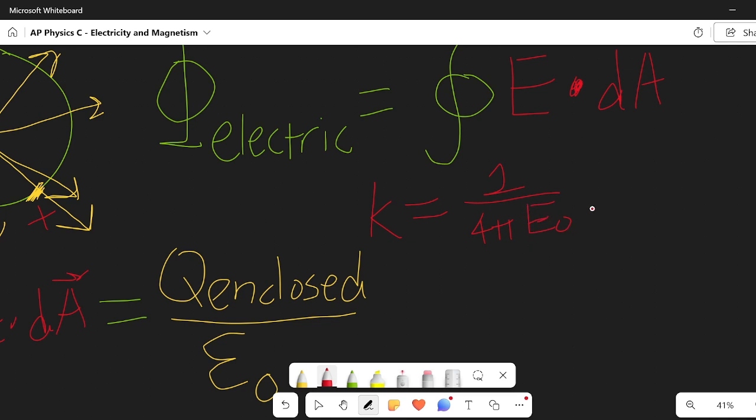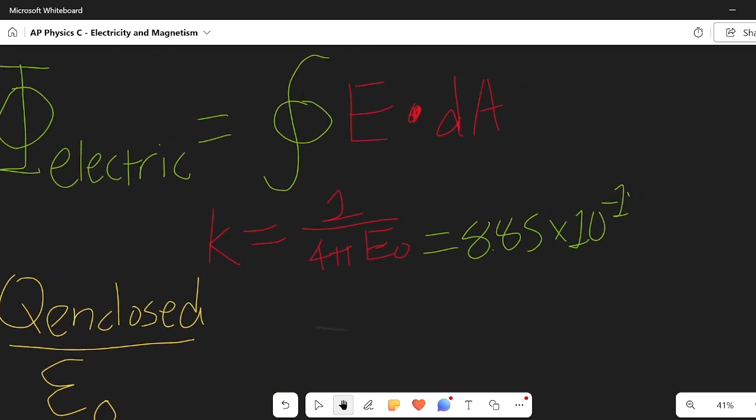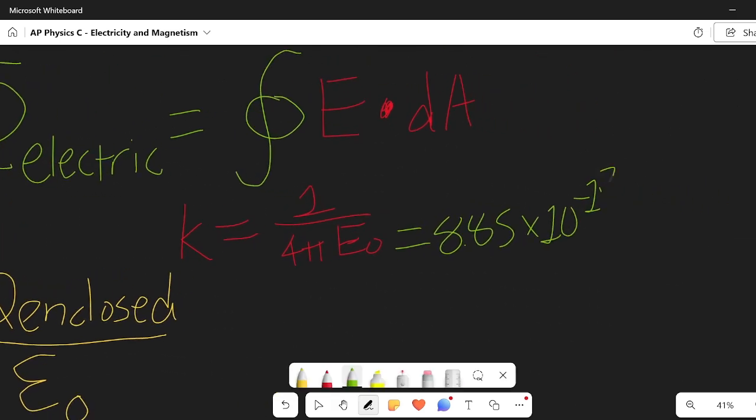So this electric constant is equal to approximately 8.85 times 10 to the negative 12, in coulombs squared divided by newtons times meters squared.